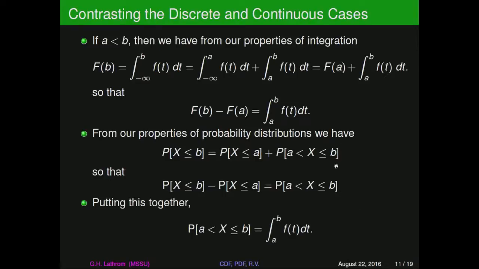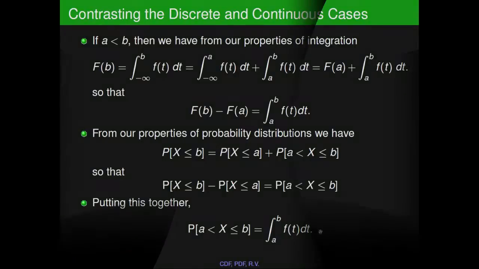So if we put those two things together, this side is really this side, which means that this side has to be this side. So we get the probability that a is strictly less than X is less than or equal to b is going to be our integral from a up to b of f of t dt.